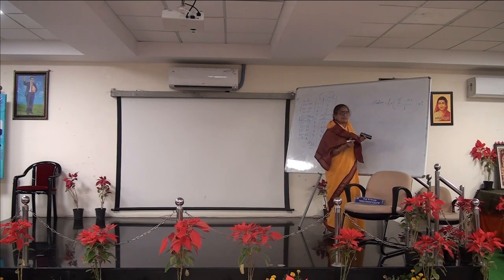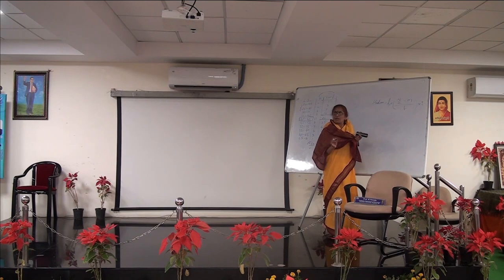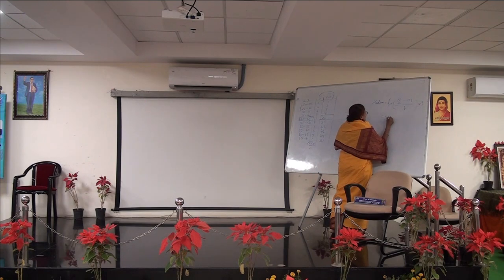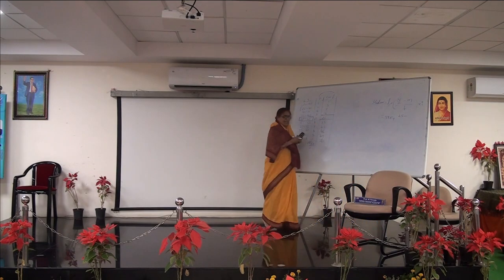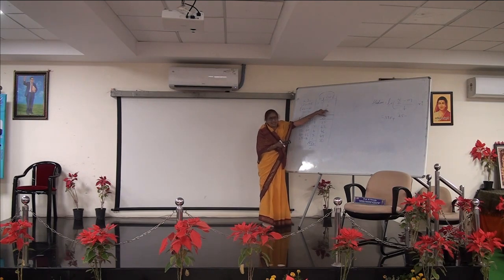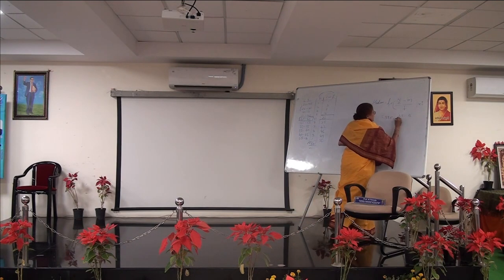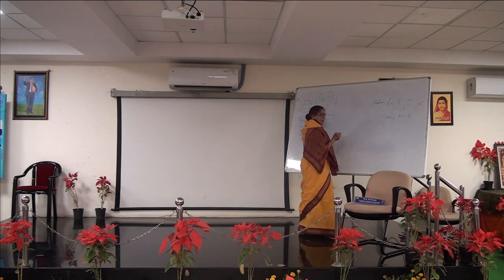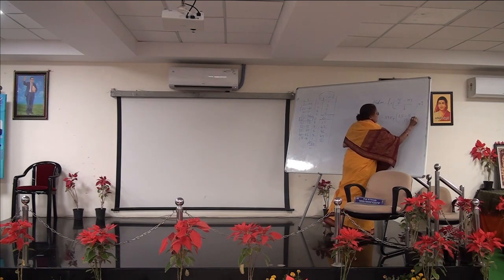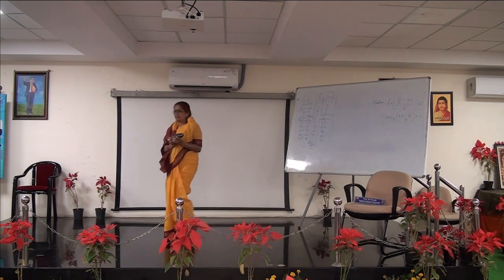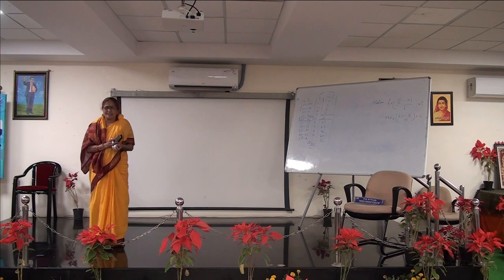That is L. The lower limit is 39.5. So 39.5 plus n by 2, which is 25, minus m, the cumulative frequency above the median class, which is 15, divided by the frequency of the median class, which is 11, into 5. This is a small correction because it is a continuous series.